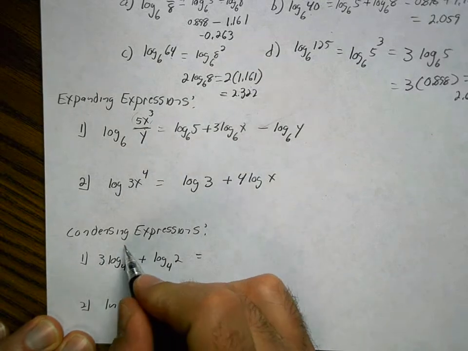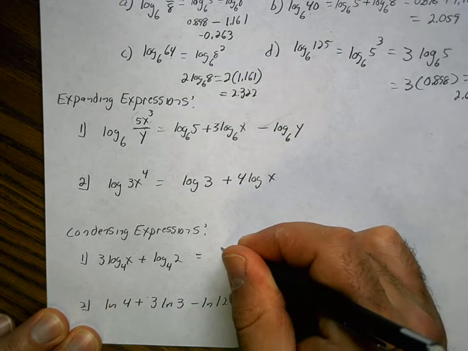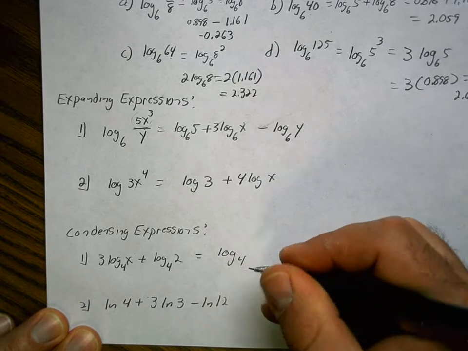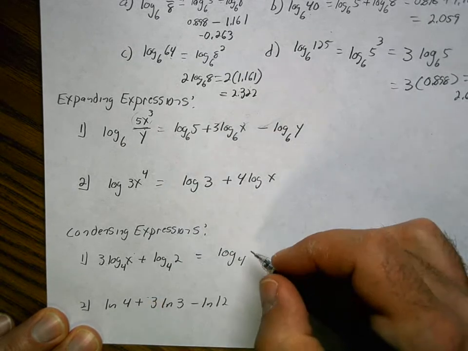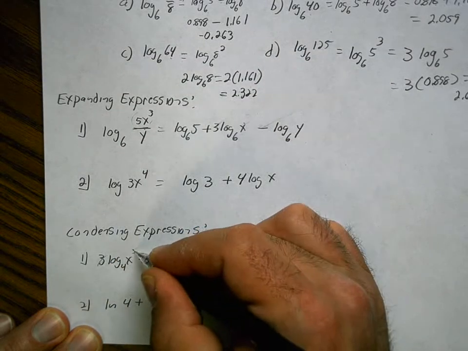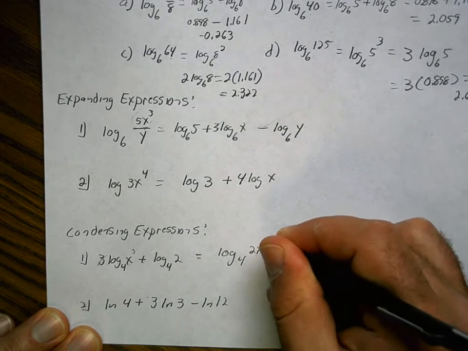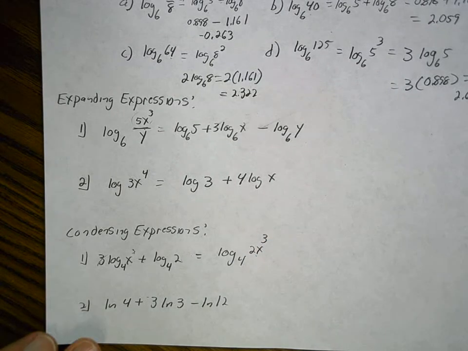So the 3 can be an exponent, and it's addition, so we multiply. So this is going to be log base 4 of x cubed when I put the 3 here, and then I'm going to multiply 2 times x cubed to get 2x cubed. Log base 4 of 2x cubed.